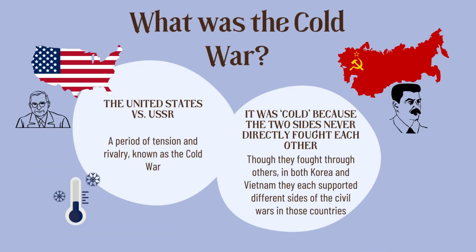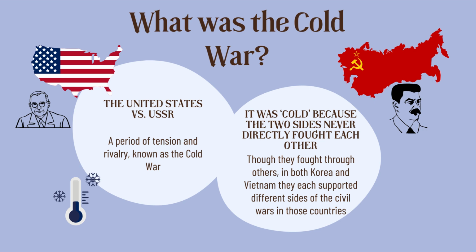What was the Cold War? Well, it was the United States versus the Soviet Union, also known as USSR. It was a period of tension and rivalry. It wasn't outright fighting. The United States and the USSR never fought each other in a battle, and it says so in that second bubble. It was cold because the two sides never directly fought each other.